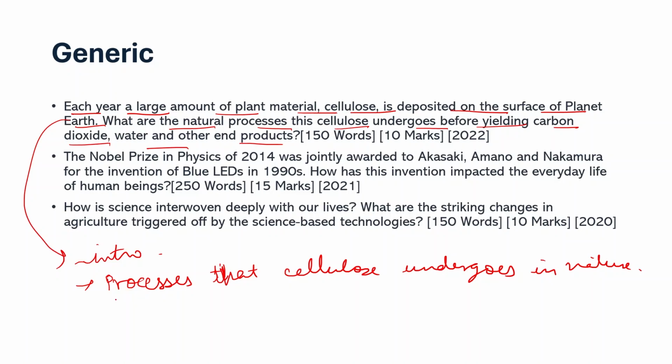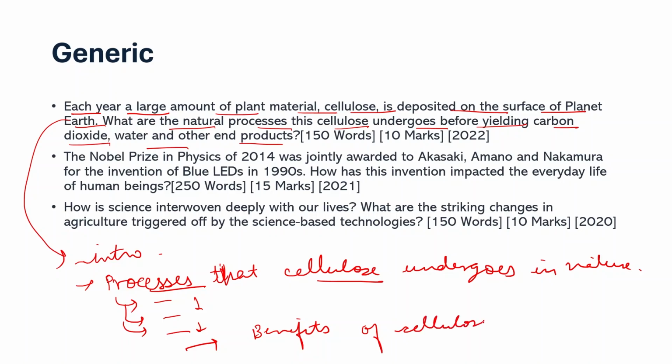So you can write about different processes, like how it is forming, and then from there where does it go, basically the whole cycle of cellulose. Then you can write about some benefits or uses of cellulose if you want, although it's only a 10 marker, but you can definitely write some advantages of cellulose, right? Then you can conclude.